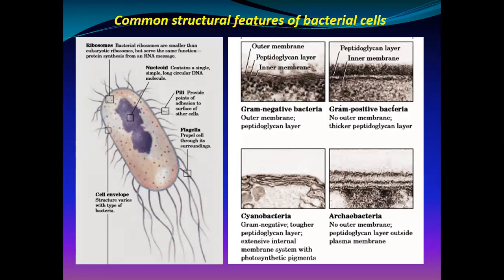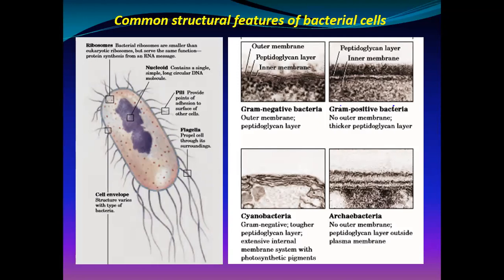You can see now when you come to the gram-negative bacteria, there are three layers you have. One outer membrane and the peptidoglycan. The bacterial cell wall is known as the peptidoglycan layer. And then you have another membrane, an inner membrane. So that is what you call gram-negative bacteria.